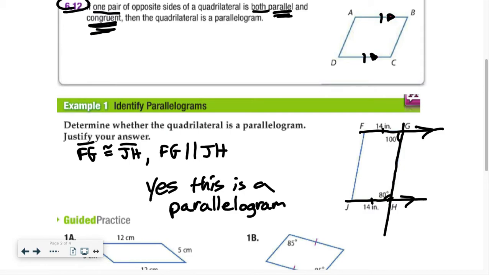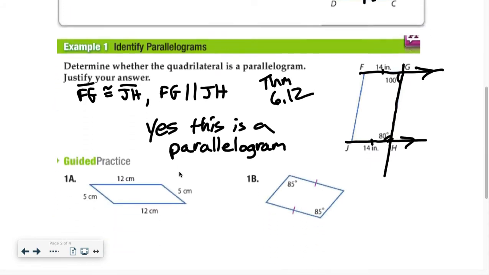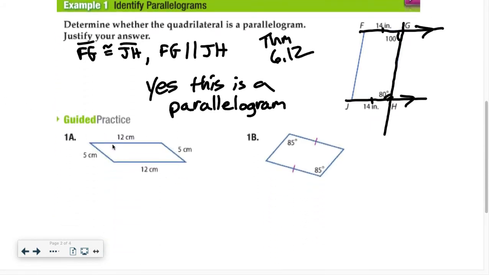Our justification is theorem 6.12. One pair of opposite sides congruent and parallel. 1A, we've got two pairs of opposite sides congruent. That's theorem 6.9.